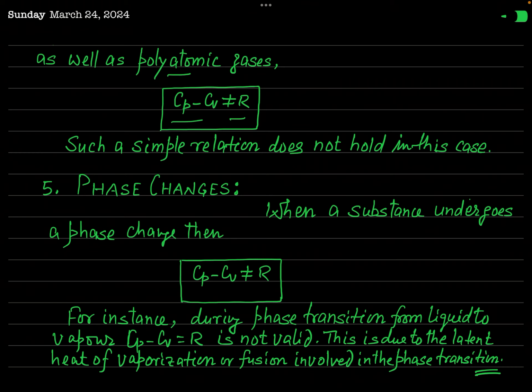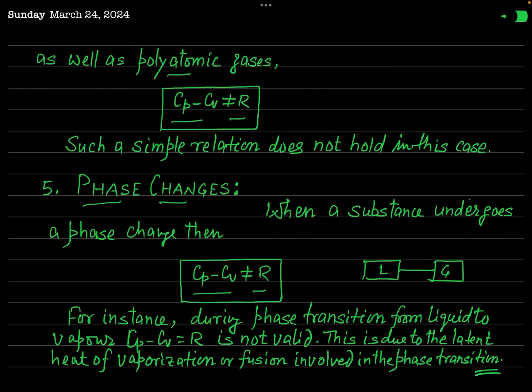Now, whenever there is a phase change, that is, a change of phase, in that condition this relation does not hold good. That is, Cp minus Cv is not equal to R during the phase change. Actually, what happens during the phase change? You can take an example. Let us consider that there is a liquid, and that liquid changes into a gaseous phase or vapor state.